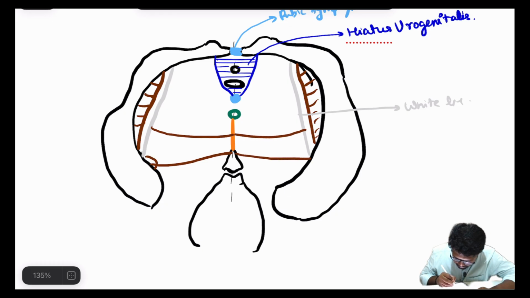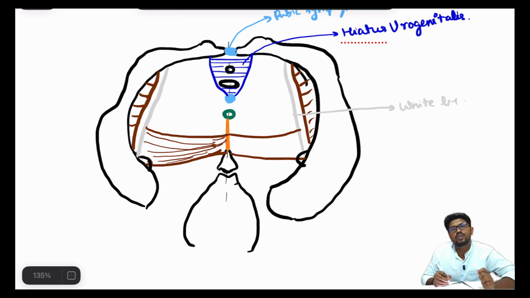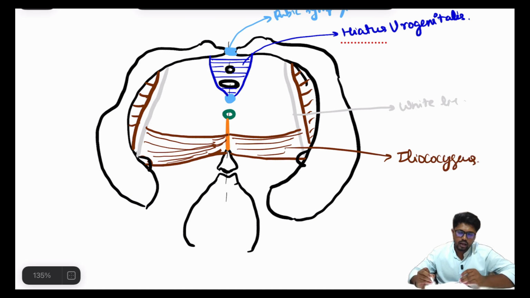So if I'm making here the ischial spine, in this way the muscle is coming from the posterior half of the tendinous arch and the ischial spine, and it is attaching to the anococcygeal raphe and tip of the coccyx bone. So this muscle is Iliococcygeus muscle. Now, in front of this Iliococcygeus muscle, there will be Pubococcygeus proper muscle.